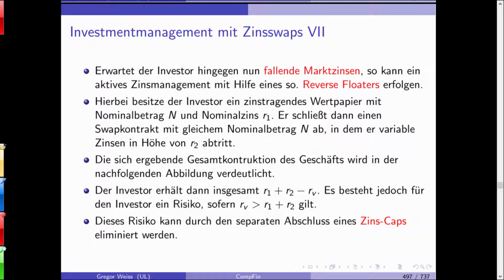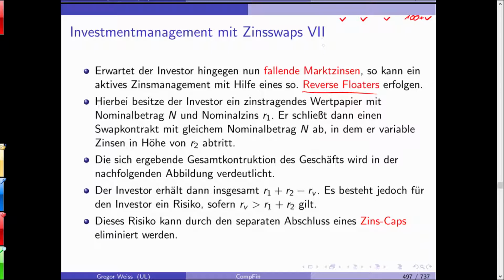Now, the same can be done if you are expecting decreasing interest rates. And I don't want to go into the details here. It's quite interesting just to see that you can also use a so-called reverse floater. What is a reverse floater? A floater is something that pays out a variable interest rate payment. And what is a reverse floater?